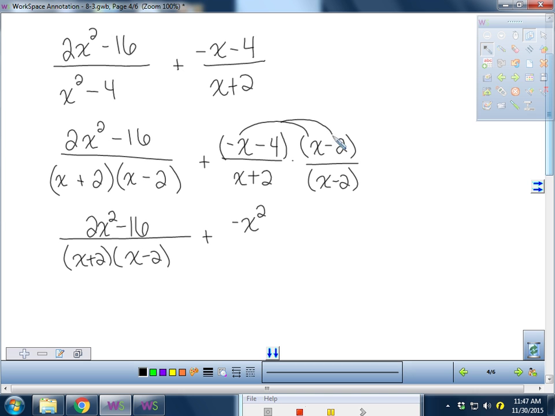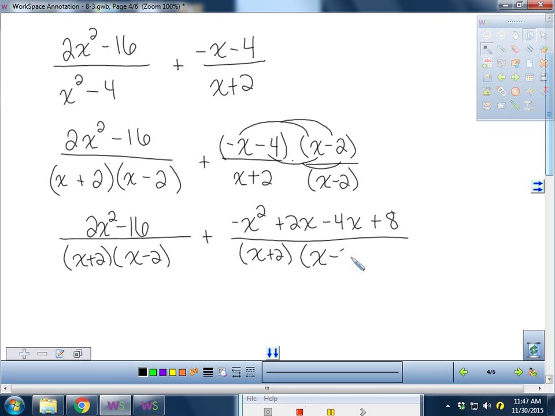Negative x times negative 2 is positive 2x. Negative 4 times x is negative 4x. And negative 4 times negative 2 is positive 8. Okay, so that's all over the x plus 2 and then times x minus 2.